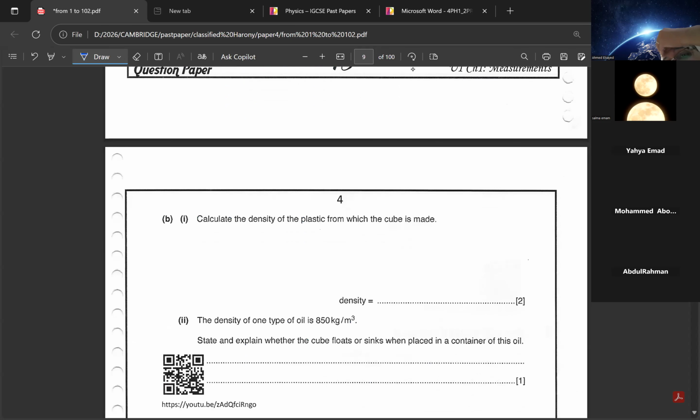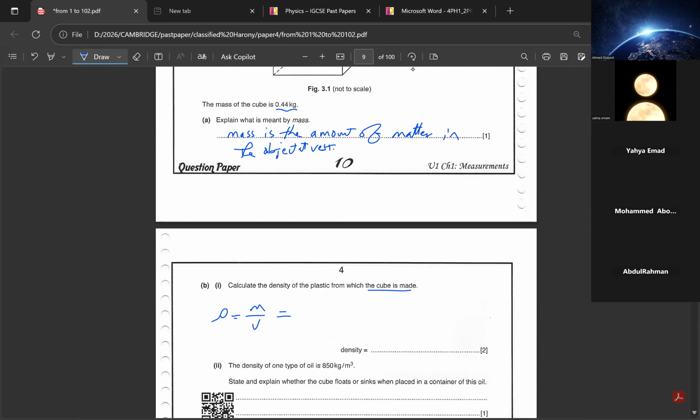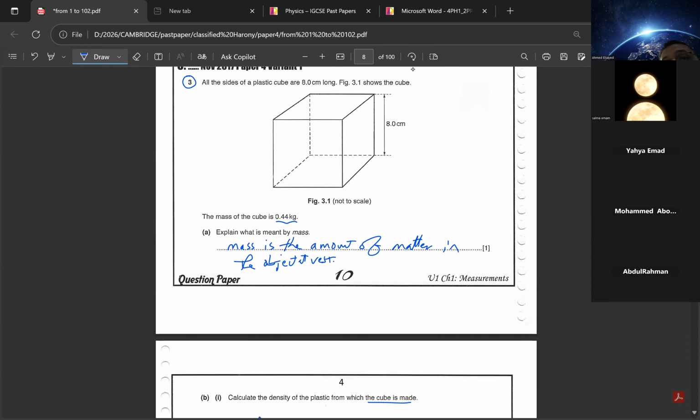Calculate the density of the plastic from which the cube is made. So, Salma, what is the equation of density? Mass over volume. Perfect. So now, do we have mass? 0.44. What about volume? 8 cubed. Yes, 8 cubed because this is a cube. Perfect.